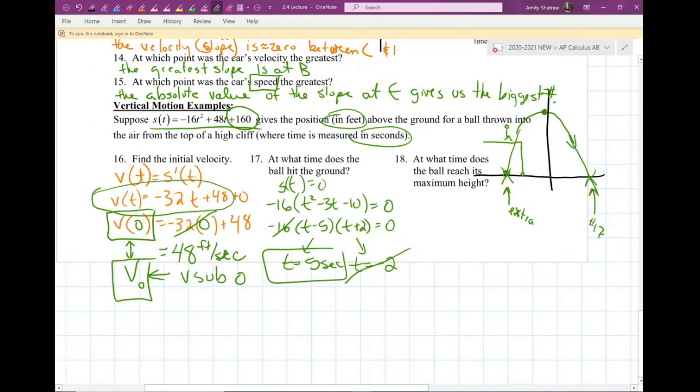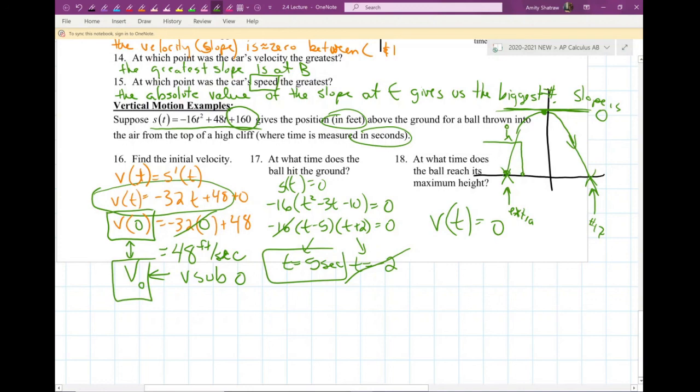This is the beginnings of that first candidate test that we're going to start working with probably in the next chapter. If I want to find where a maximum is, I need to find where the slope is equal to 0. So I'm going to find when v of t, the derivative of my position function, is equal to 0, meaning the slope is 0.